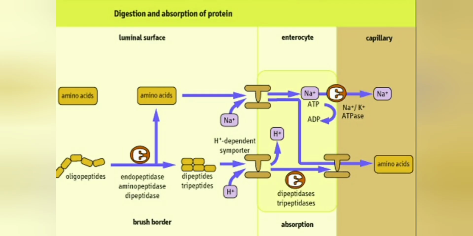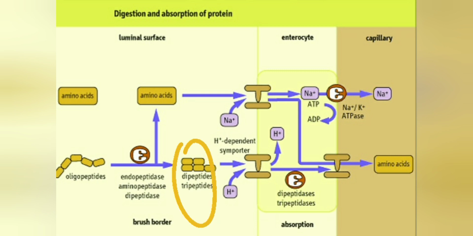As we all know, the apical membrane of the small intestinal enterocytes possesses an uptake system for di and tripeptides. They enter the enterocyte cytoplasm through peptide transporter 1 or PepT1 as stated in the question. Now it requires a sodium hydrogen ion exchanger.